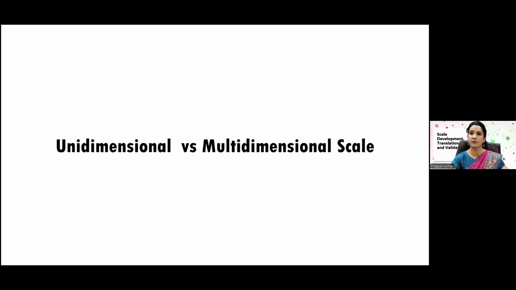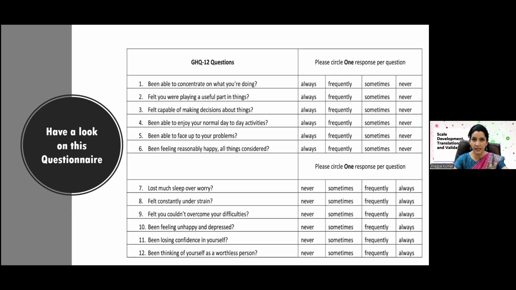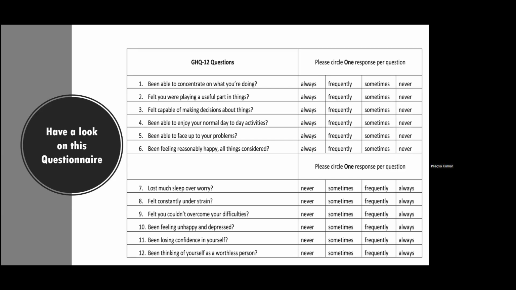Okay, thank you. So coming to the dimensionality of scale, unidimensional and multidimensional scale. What is a unidimensional scale? First have a look at this question. This is the General Health Questionnaire 12 and there are 12 questions. What about the domain?